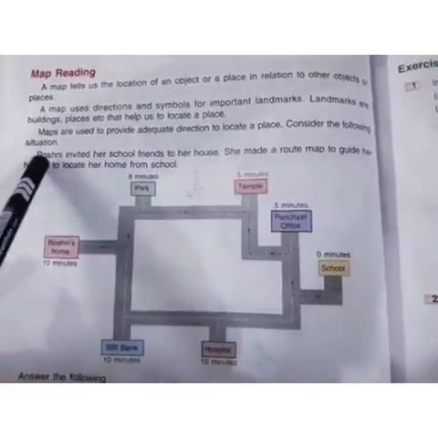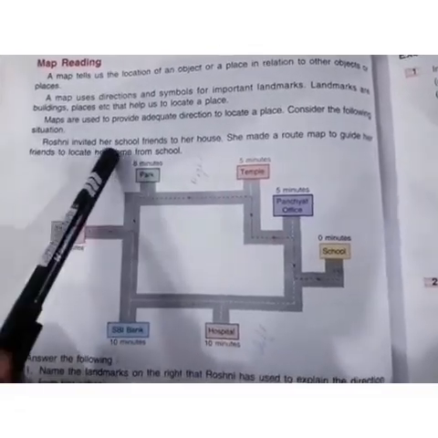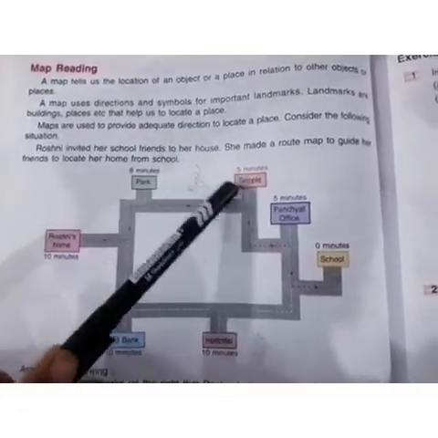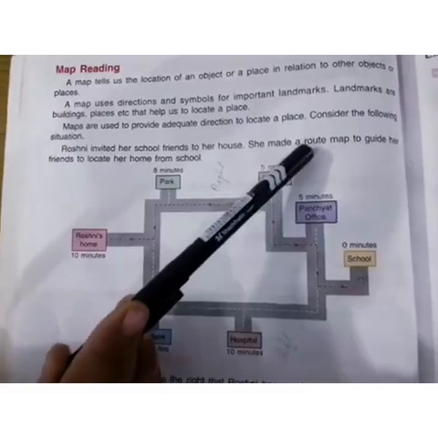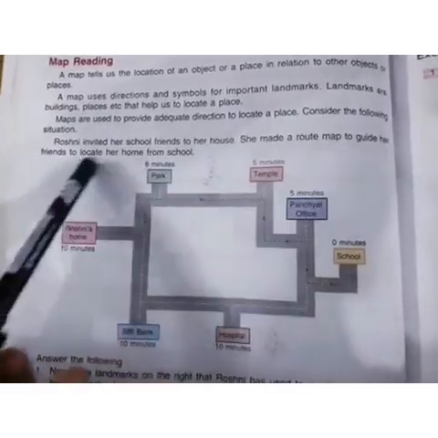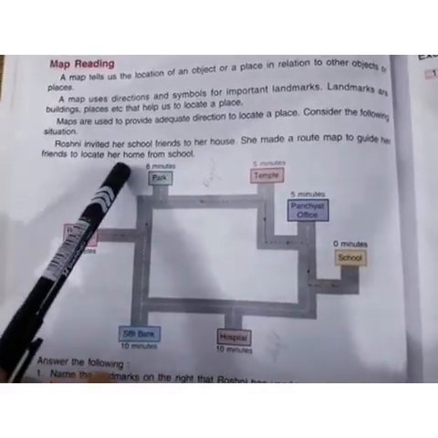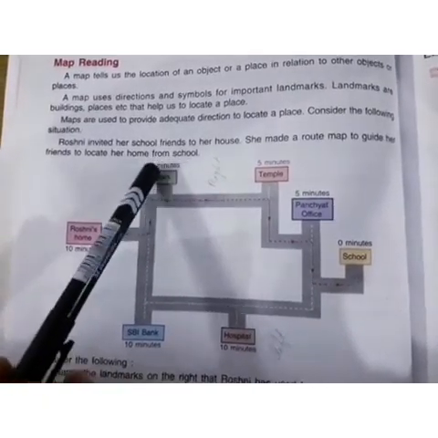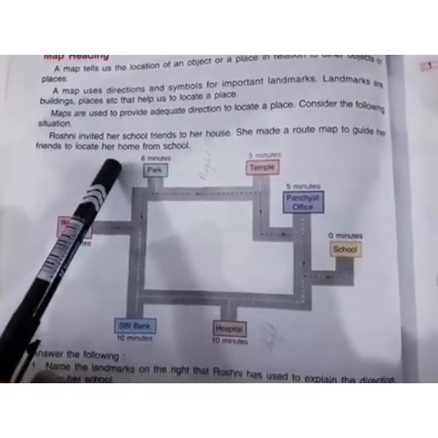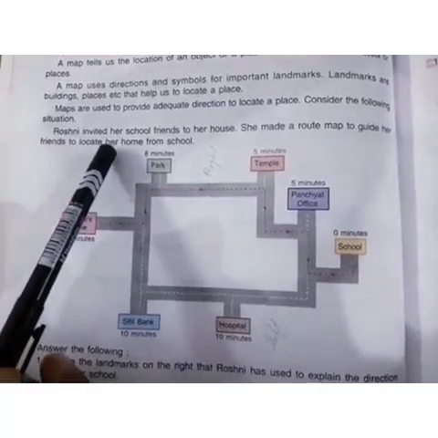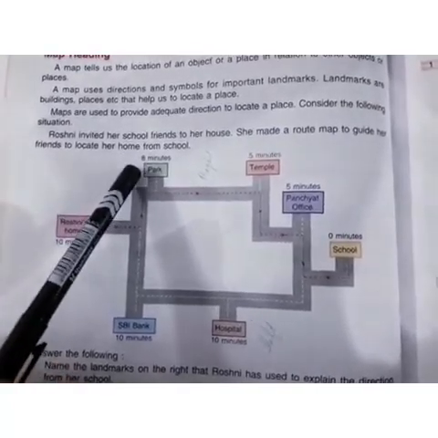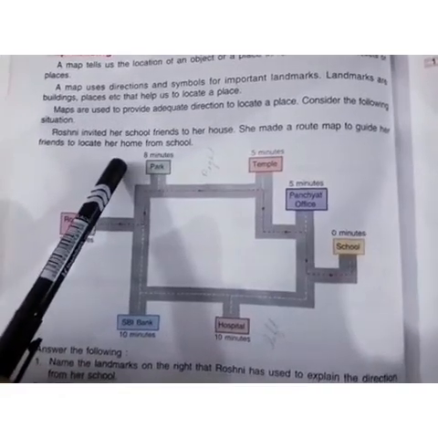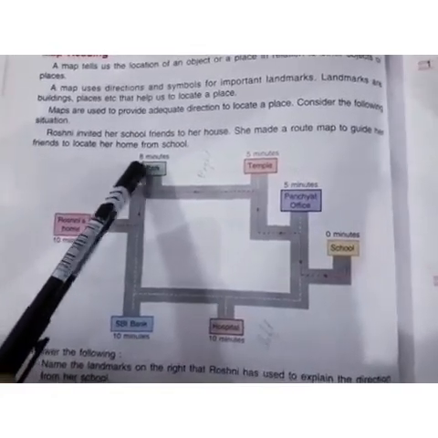Consider the following situation. Roshni invited her school friends to her house. She made a route map to guide her friends to locate her home from school. In this example we can take our school. Whenever people visit our school or live in front of the school, we take the name of our school because it is a landmark.